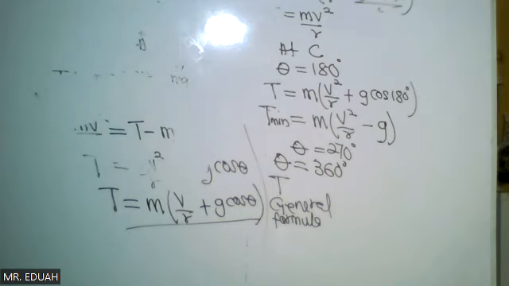Calculate the maximum and minimum tensions in the string. Take g to be equal to 10 meters per second squared. So about 3 minutes, just give it a try.